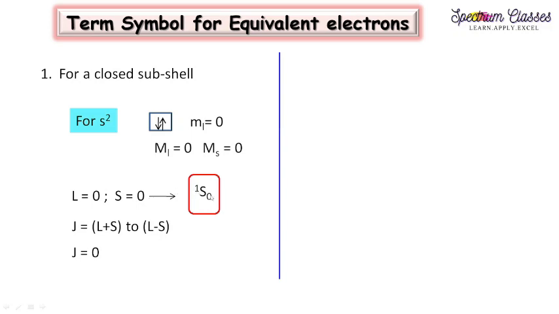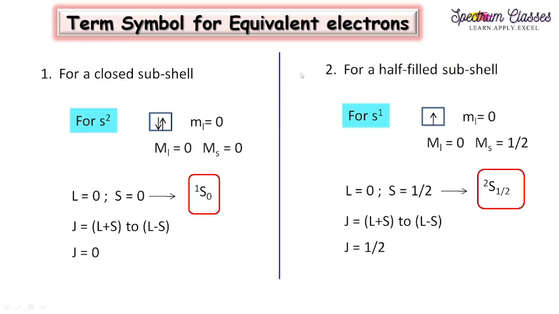And here it is 0. This is the value of J, the total angular momentum, and the value of J ranges from L plus S to L minus S. Here L is 0, S is 0, so ultimately J is equal to 0. In this manner, for completely filled shells, we have 1S0 as the term symbol.